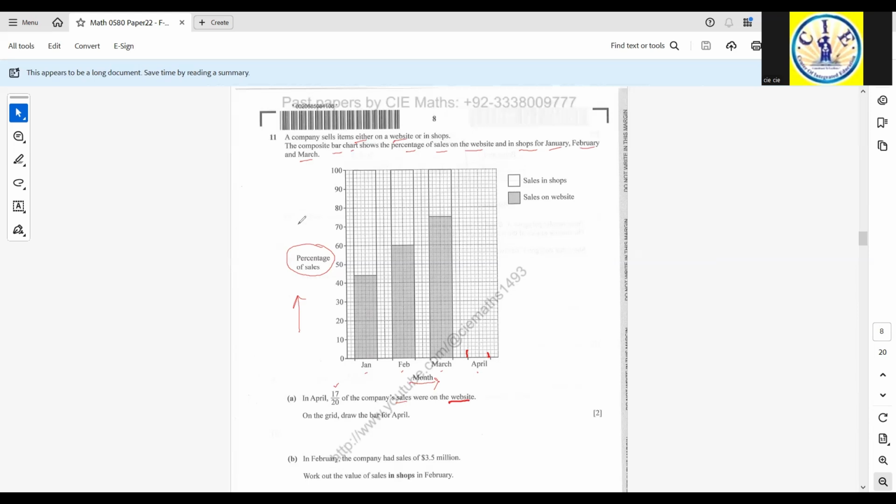Since the sales are given in percentages, so 17 by 20 into 100%. So 5 sevens are 35, 5 ones are 5, and 85.